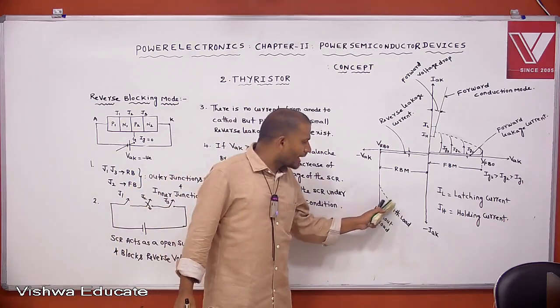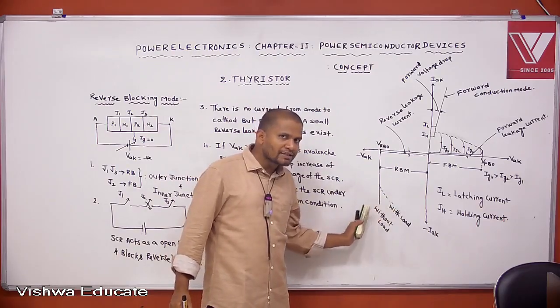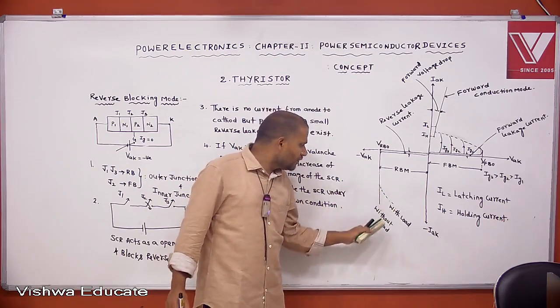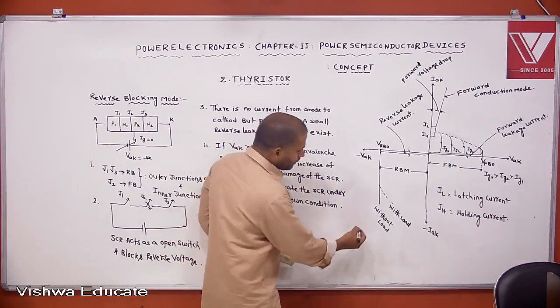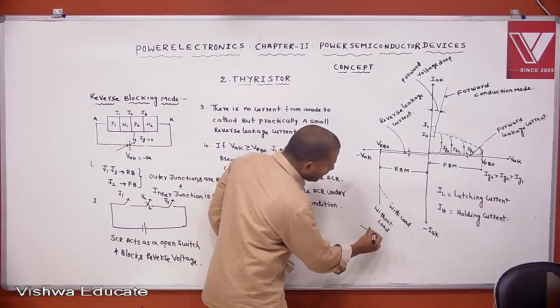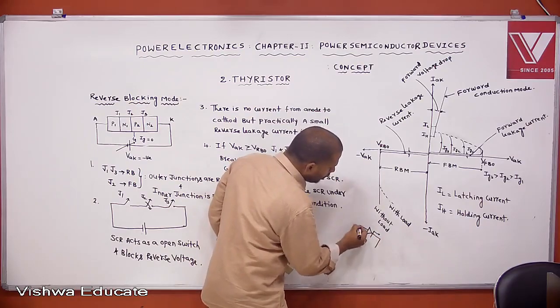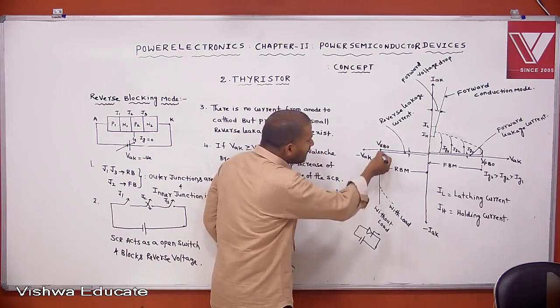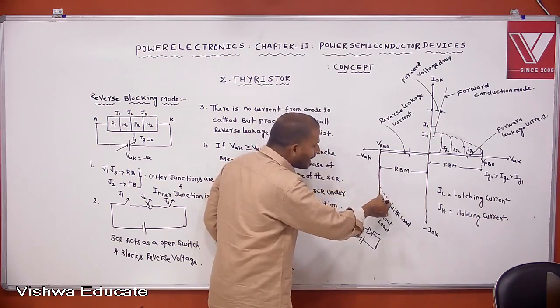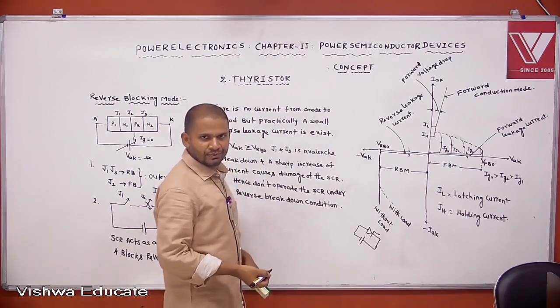Here I have given two characteristics, so concentrate. This one is with load, and this one is without load. Without load, we operate the SCR and apply some reverse voltage, and the characteristic is a straight line with a sharp increase.